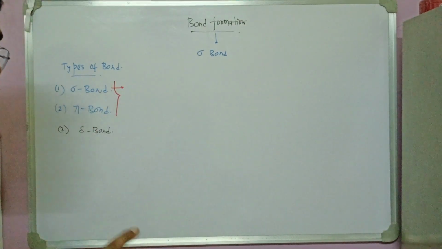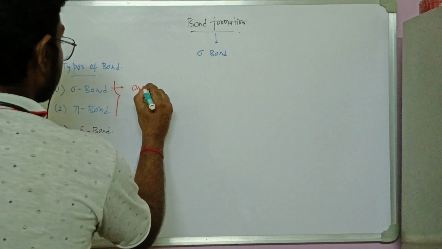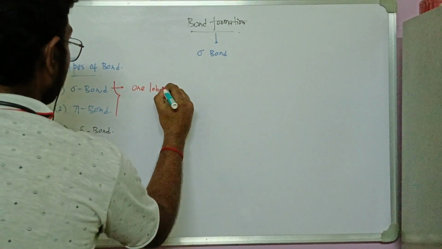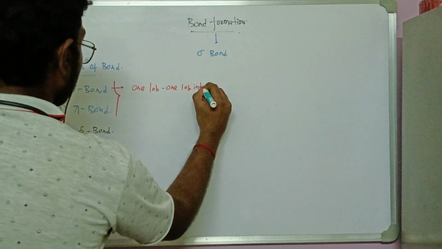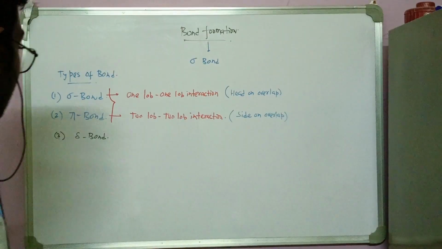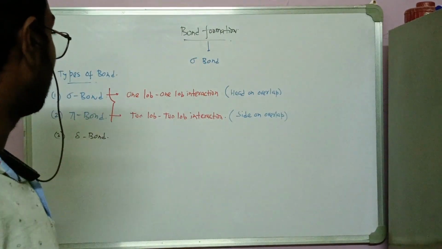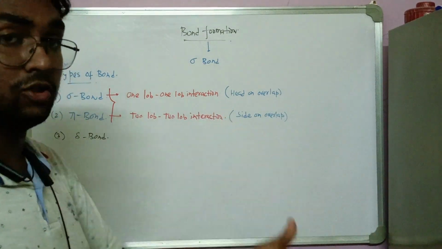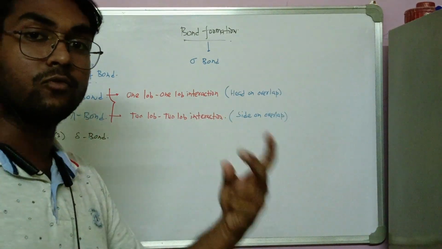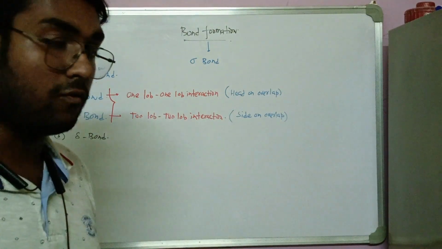The sigma bond forms from one lobe interaction, or we can say head-on overlap, and the pi bond forms from two lobe interaction, or we can say side-on overlap.